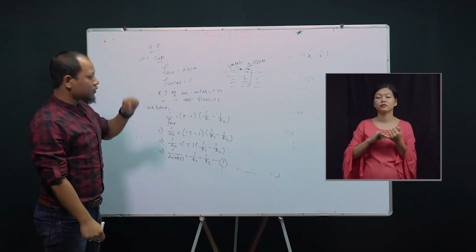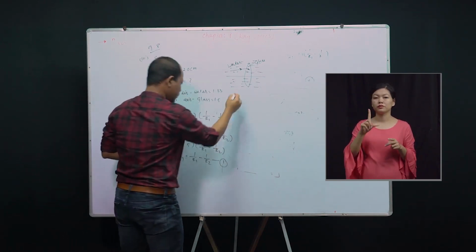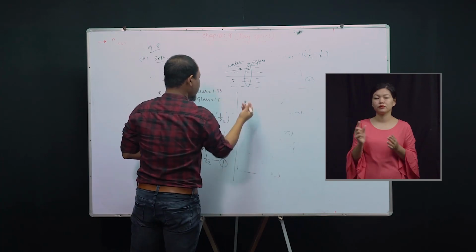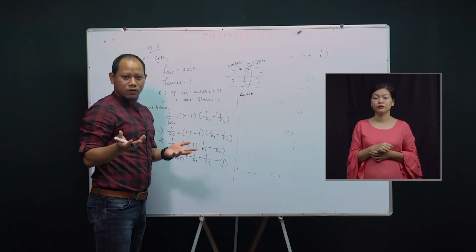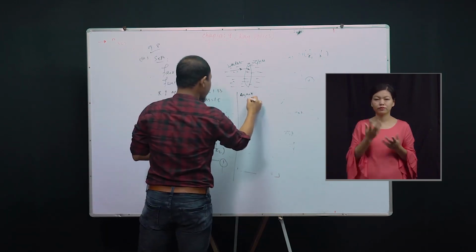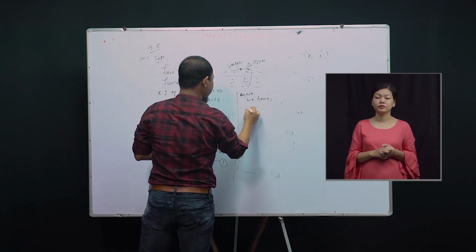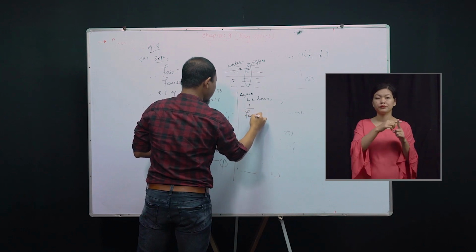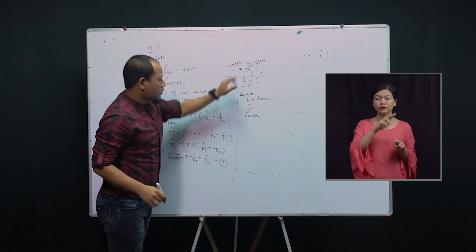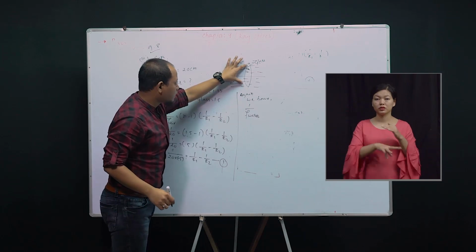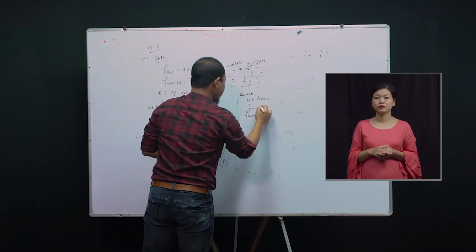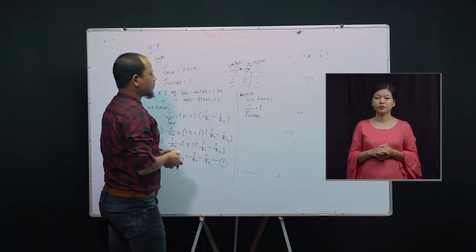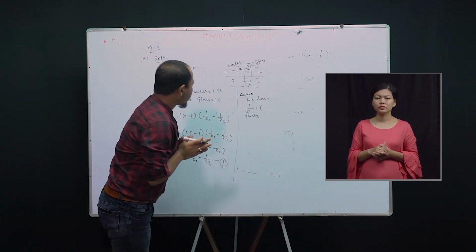Now let's apply the lens maker's formula for this. We have 1 by f, but now the focal length is in water, means the lens is in water, so we will calculate the focal length in water. You have to focus here.